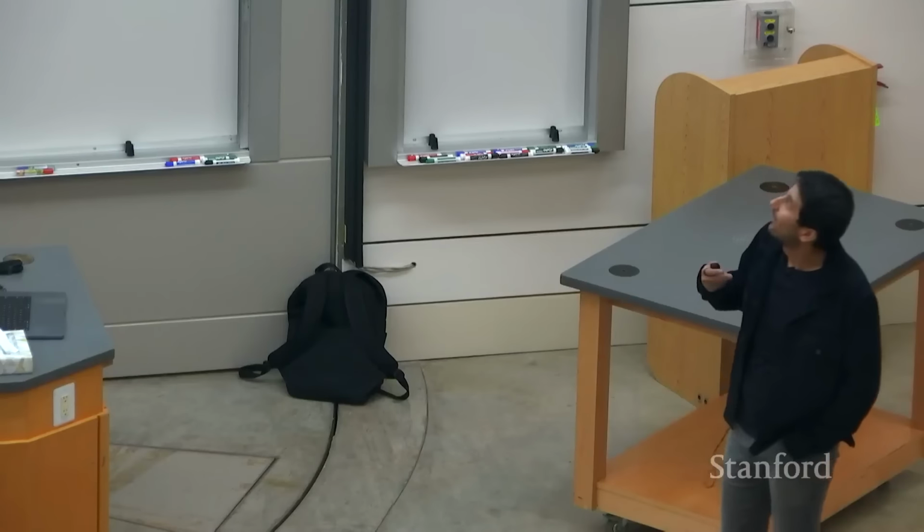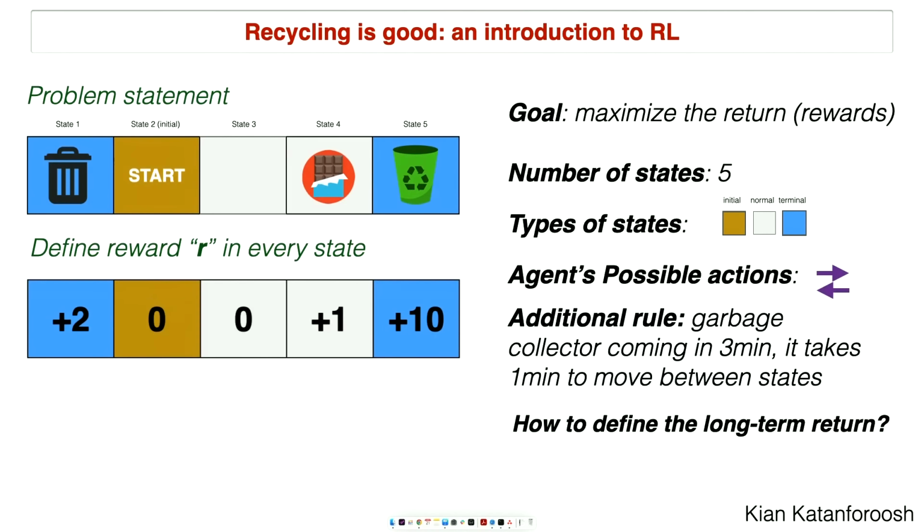Okay, so how do we define the long-term return? The long-term return is going to be defined as capital R, which is the sum of rewards with a discount. Discount is a very important concept in reinforcement learning. It's also a very natural concept to think about.